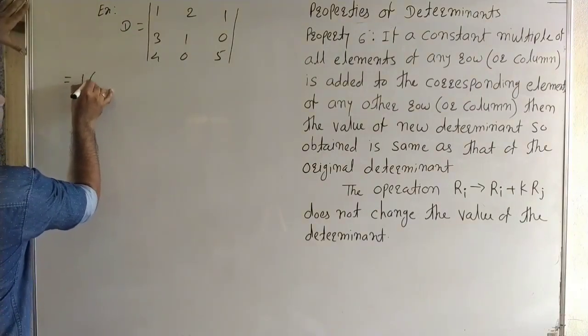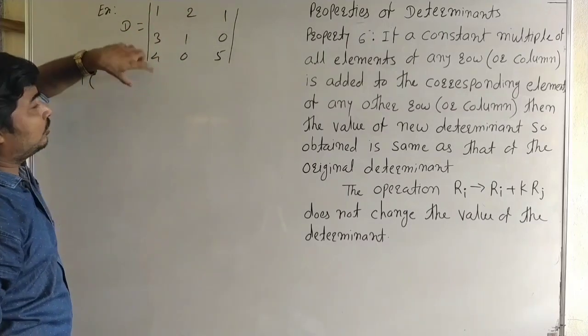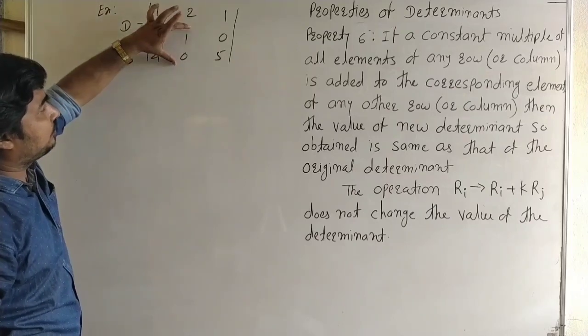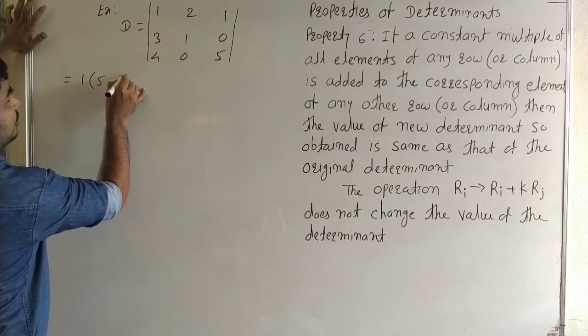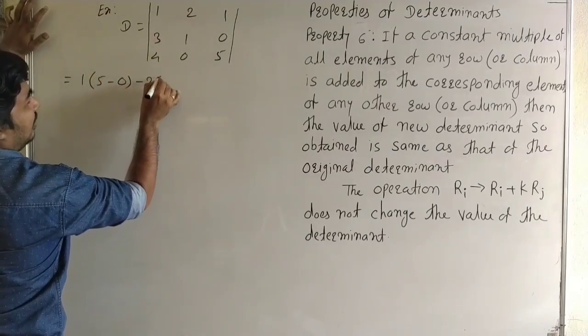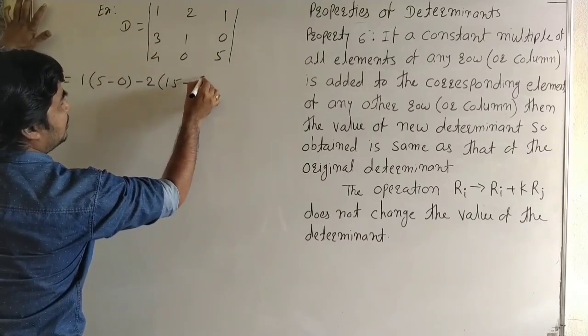Here 1 into the determinant of the row and column of element 1, that is 1 0 0 5. We can solve it: 5 minus 0. Change the sign of the second term: minus 2 into 15 minus 0.